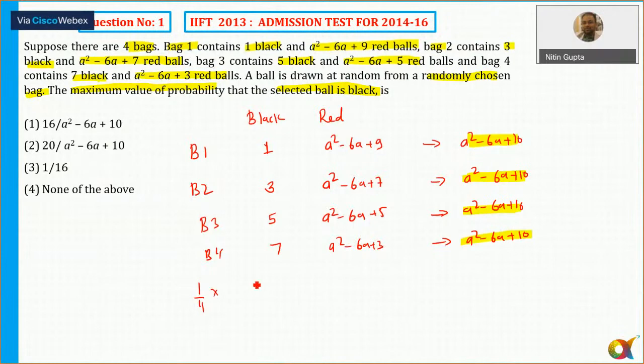That is one black out of the total number of balls, plus if we take the second bag, उस बैग में ब्लैक की प्रोबेबिलिटी क्या होगी? तीन ब्लैक बॉल्स हैं. नेक्स्ट में ब्लैक कितने बॉल्स हैं? 5 बॉल्स, और टोटल.